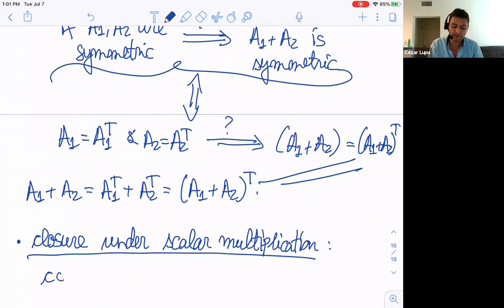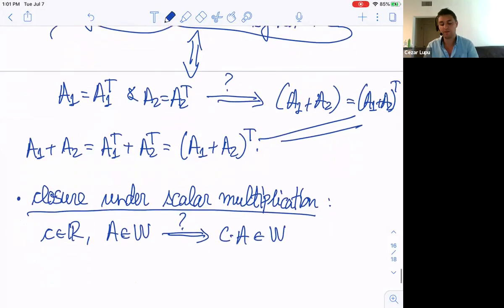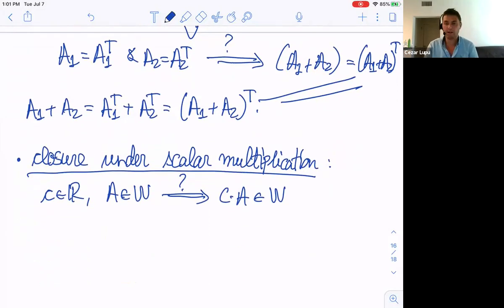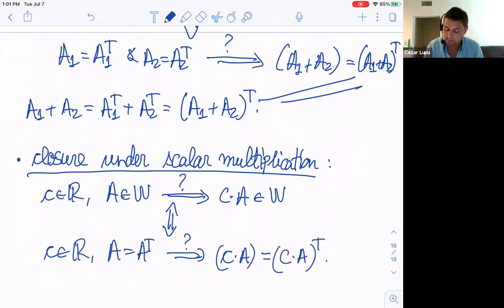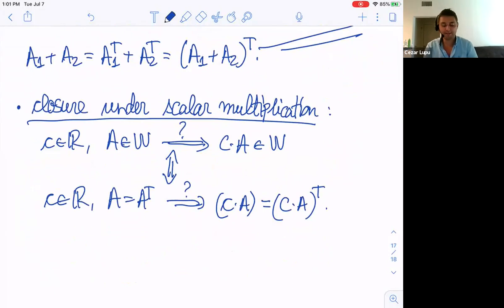If I have a scalar C, let's say a real number, and I have a matrix A in W, does this imply that C times A belongs to W? In other words, if C is a real number and A equals A transpose, does this imply that C times A is the same as C times A, everything transposed? Again, that's easy to see.